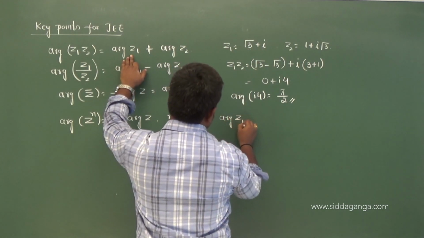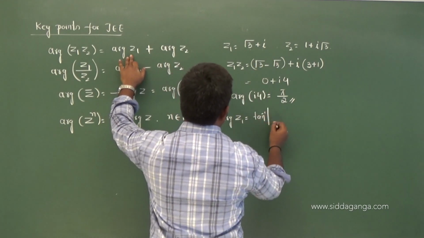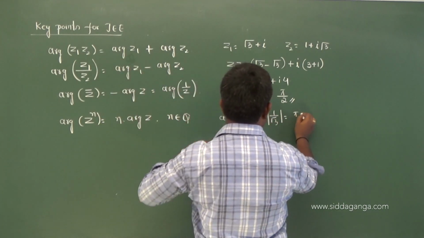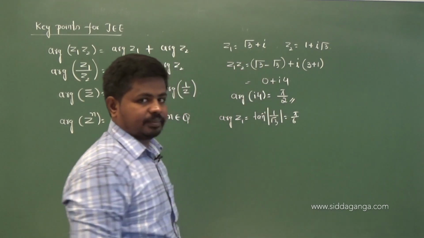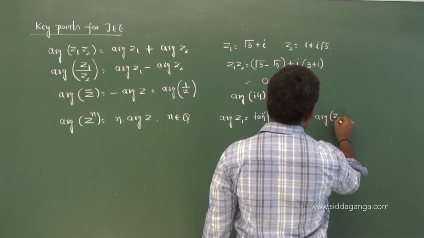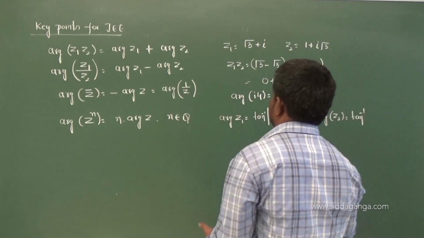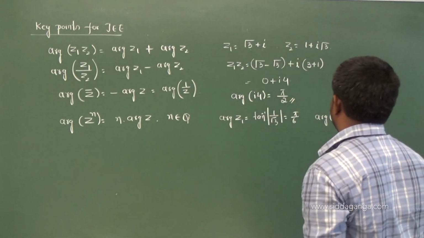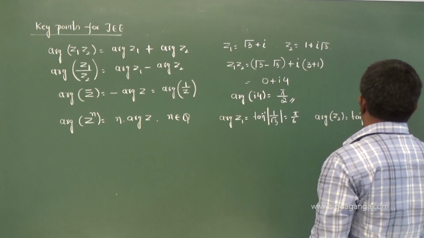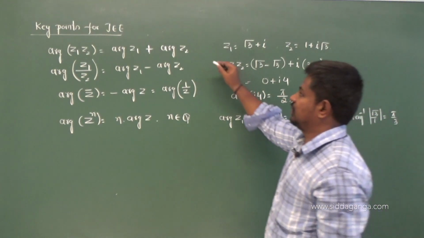Argument of Z1 is tan inverse of y by x, that is 1 by root 3, that is pi by 6, 30 degrees. The argument of Z2 is again tan inverse of root 3 by 1, since all are in the first quadrant, so I can take the values directly. That is pi by 3. So pi by 6 plus pi by 3, 30 plus 60, that becomes 90. So the first one is verified.